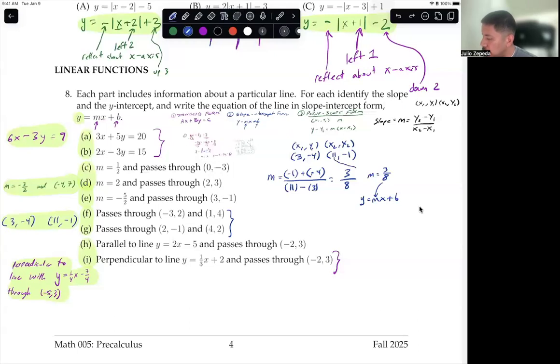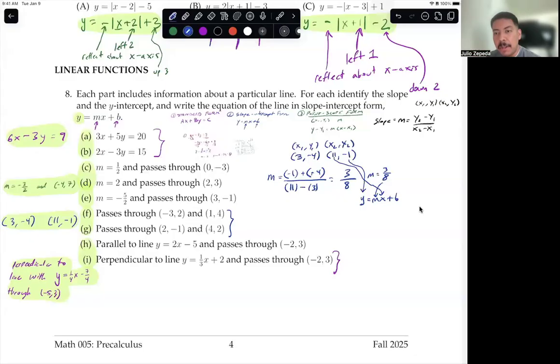So I'm going to plug in an x value. And as soon as I choose an x value, I have to choose its pair, its corresponding y value to plug in. I could have used the pair 3, -4, as long as I use both of those values, or 11, -1, as long as I use both of those values. So either pair is fine as long as I choose a single pair.